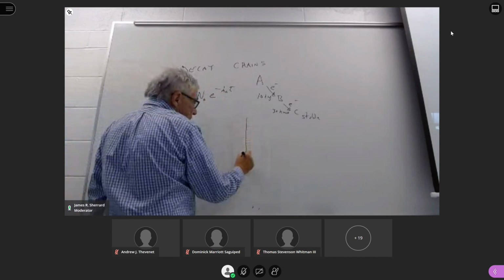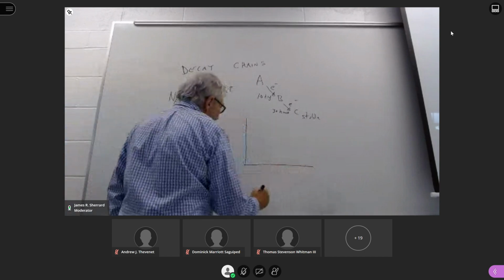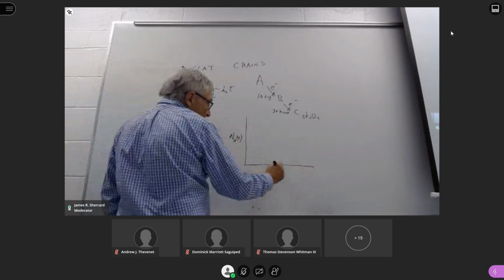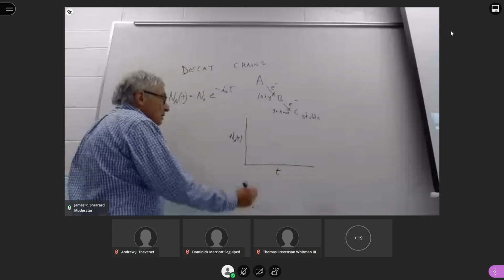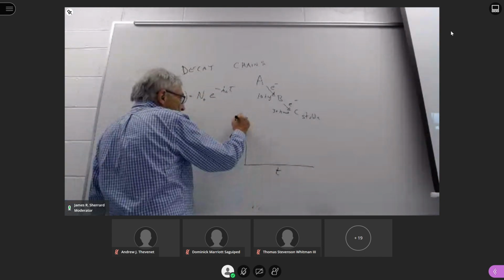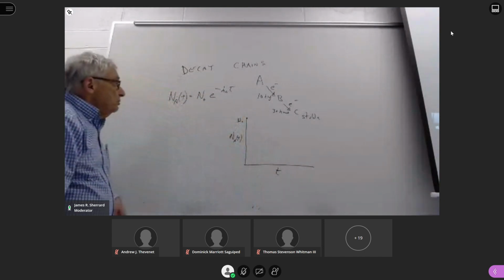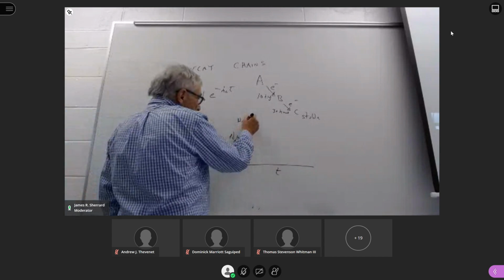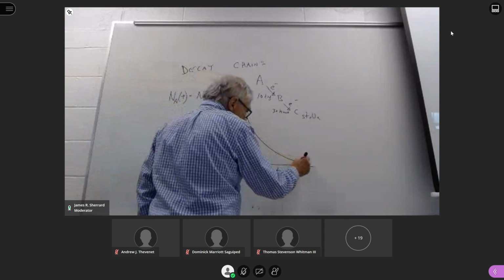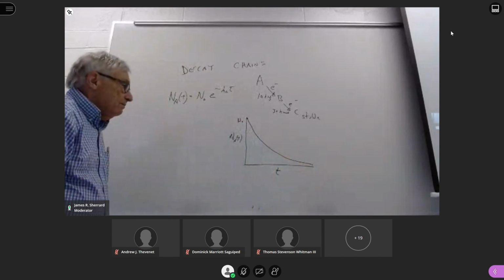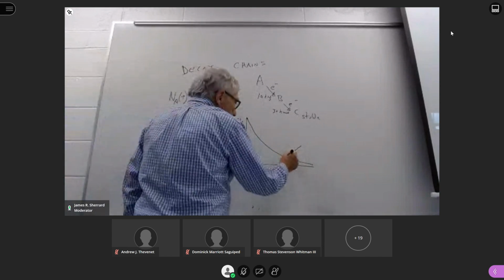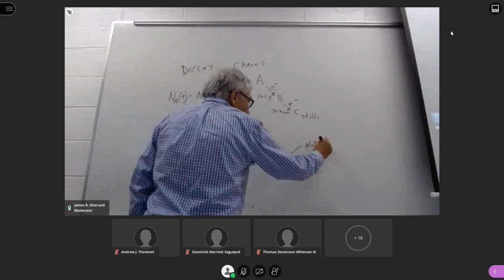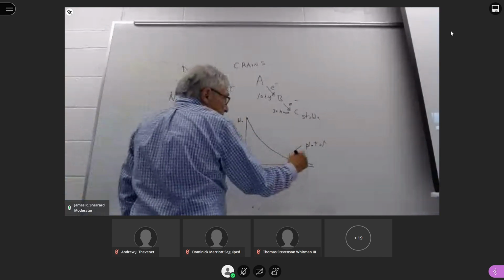If we did a plot of the number of A's versus time, it starts off at whatever this initial number is at time 0, and then there's a natural radioactive decay. It looks like this, and this is the plot of this equation.